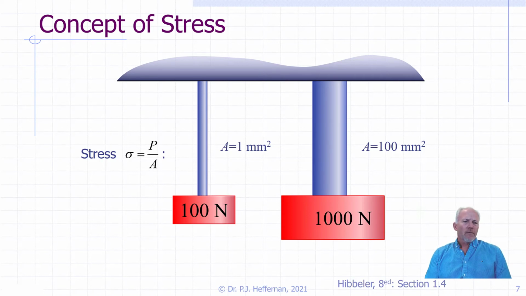For us to understand which one is closer to failing, we must look at the stress in the rod rather than simply the load. When we calculate it out, we see that the more slender rod has a stress 10 times that of the larger rod, while the larger rod carries a load 10 times that of the slender rod. The slender rod has a stress 10 times that of the larger rod because its cross-sectional area is so much smaller. Stress is the major factor for material capacity.